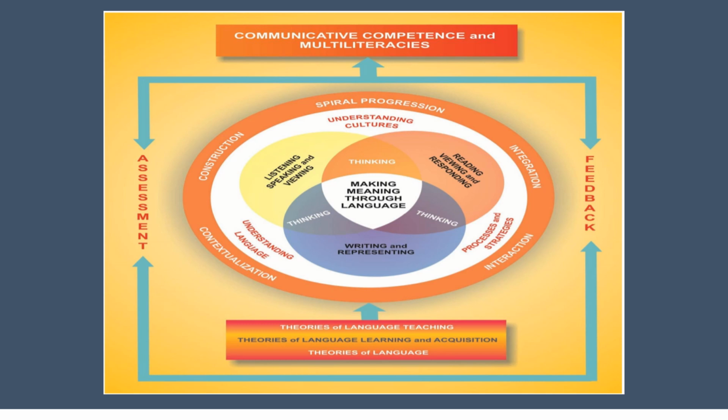The K to 12 language, art, and multiliteracies curriculum is anchored on the following principles. First one is that all languages are interrelated and interdependent. Language acquisition and learning is an active process that begins at birth and continues throughout life. Third, learning requires meaning.